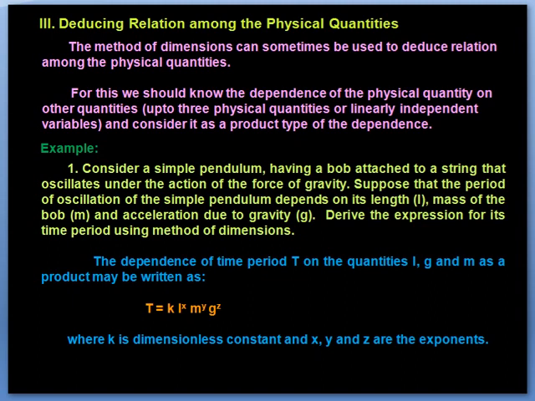First of all we have to take the dependent quantity, that is the time period, and see which physical quantities it depends on: length, small g and small m. As a product it may be written as T equals K L power x, m power y, g power z, where K is a dimensionless constant, and x, y and z are the exponents.